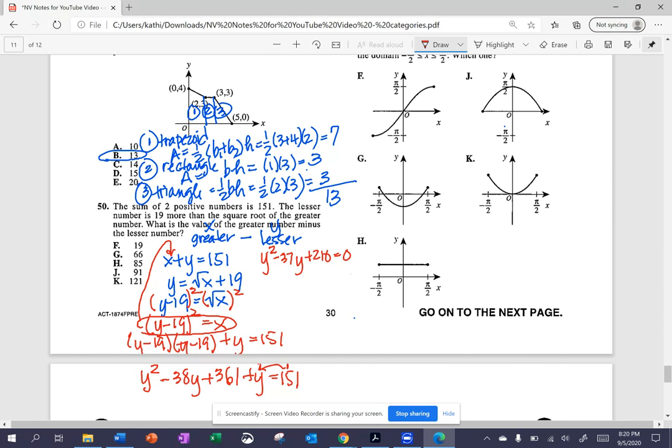I want to factor now, and I can see this in the calculator. So I can see what my factors of 210 are. So factoring, I get y minus 7 and y minus 30 equals 0. So this is y equals 7 and y equals 30.